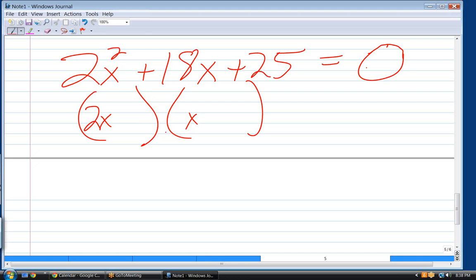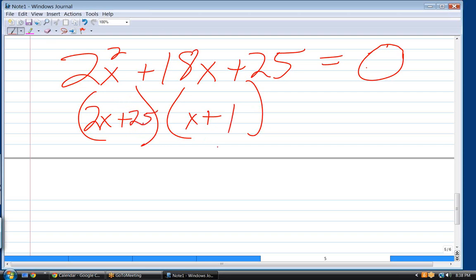Okay, so the signs I know, they're both plus. And it's worth giving a shot at 5 and 5, right? Factors of 25. Let's see if that works. Doesn't. Okay. So I got one other choice. I could do 25 and 1.